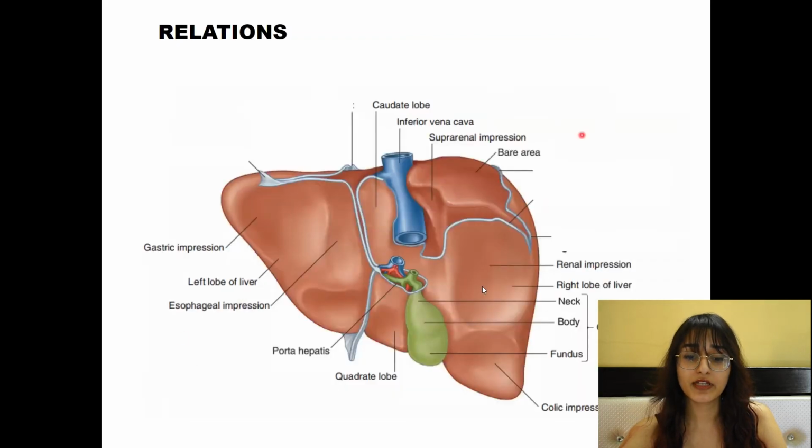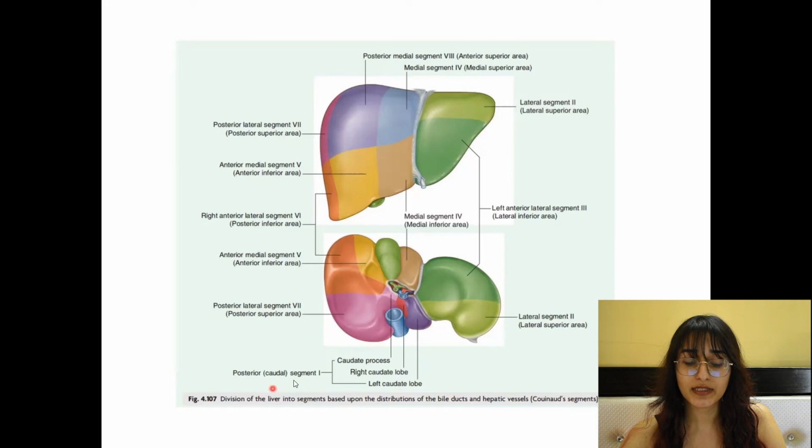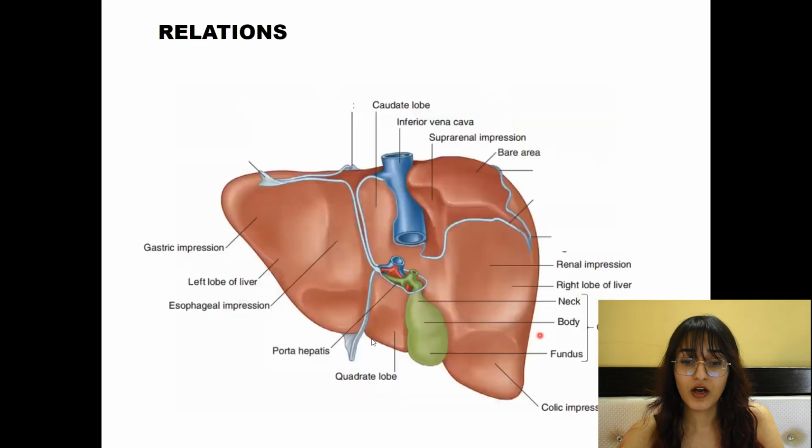Now, before telling about the relations, I also want to talk about the caudate lobe. So in the previous image, I told you that the segment 1, it is different from the left and right lobe. It is seen on the posterior or visceral surface, and it is called the caudate lobe. So caudate lobe can be found here.